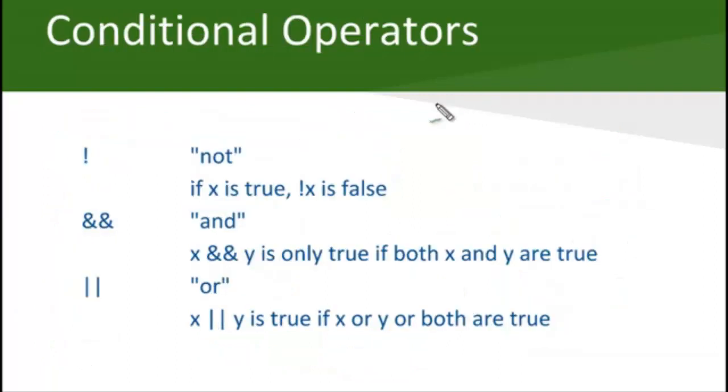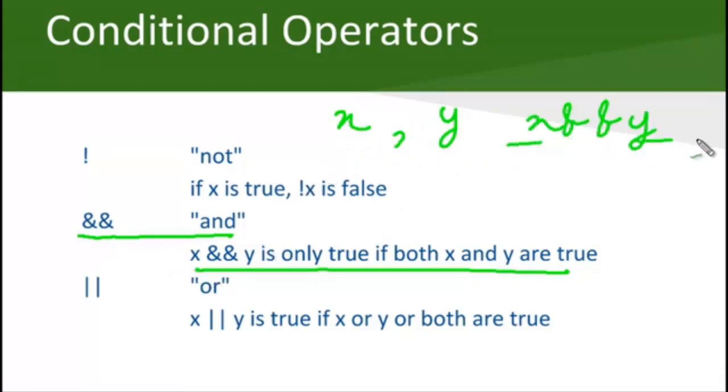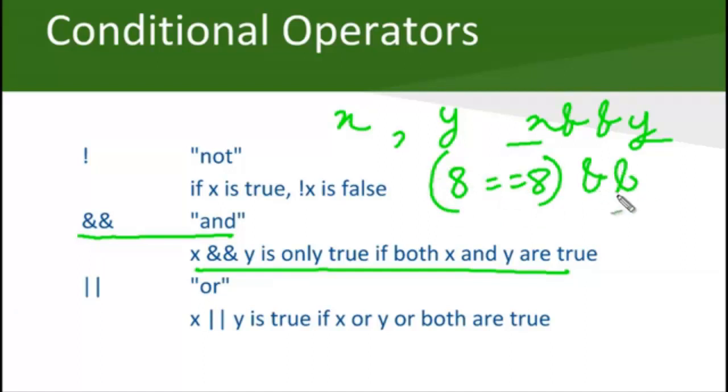Now we have some other conditional operators also. For example, AND. When we have two Boolean expressions, say x and y, then x and y will only be true if both x and y are true. For example, when we have 8 double equal to 8 and say 6 less than or equal to 7.